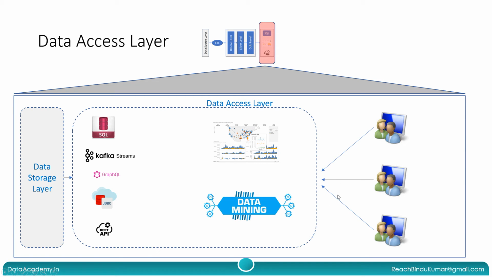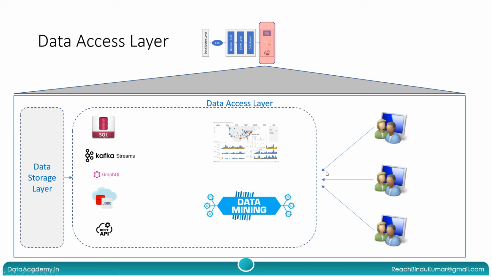Also, the authorization happens here. Many times the data that you collect is confidential. You don't want to share all the data with everyone. So you put in data access rules. For example, only people from the HR department can access HR related information.